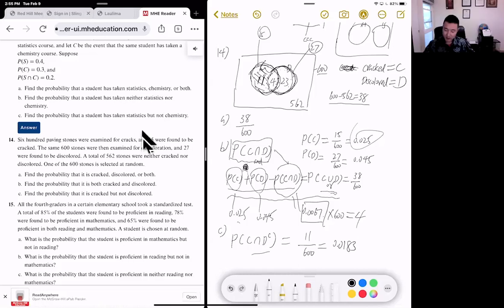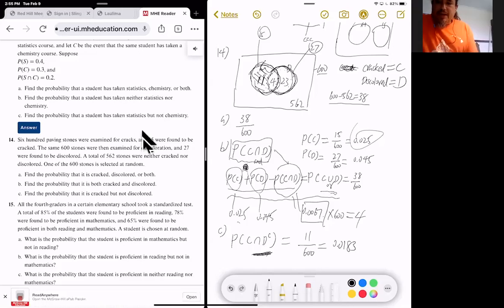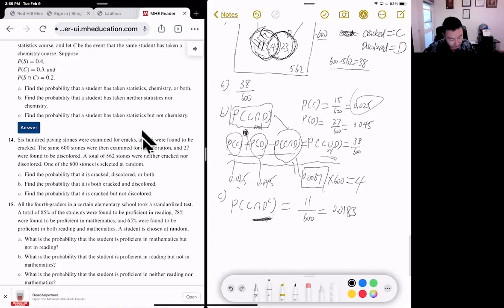You mean here? That little C right next to the D? Yeah, it's complement. So you could rewrite that equation P(C) minus P(C and D).